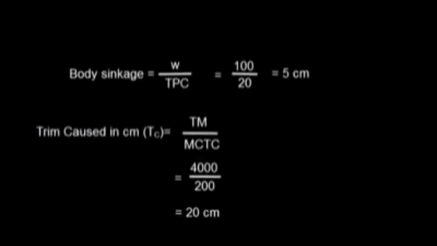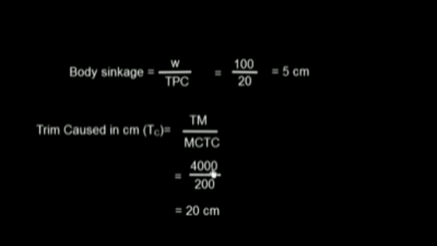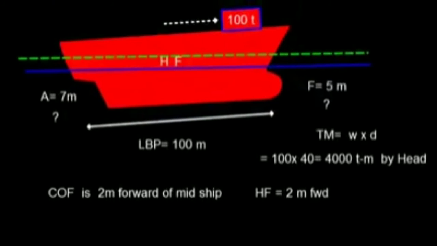So I have this 4,000 ton meter trimming moment, and I divide this by 200, which is my MCTC, and I have taken the value of MCTC as 200, so I get 20 centimeter trim cost. By the way, this trim cost will be in the forward direction because the trimming moment is also by head.